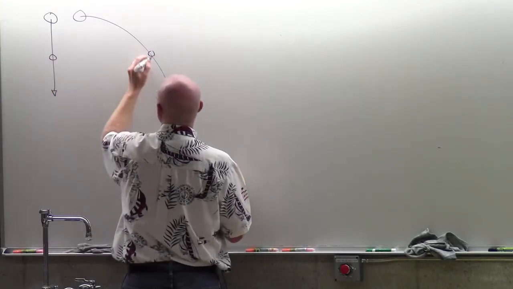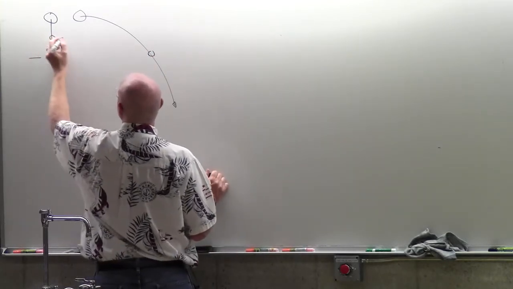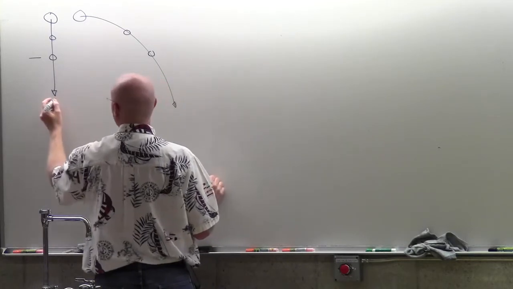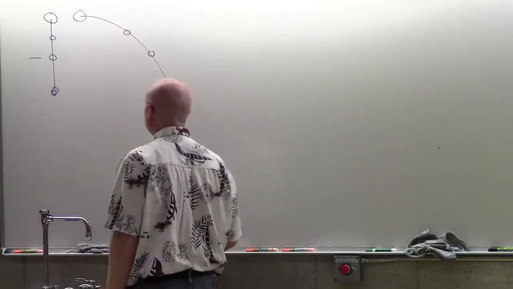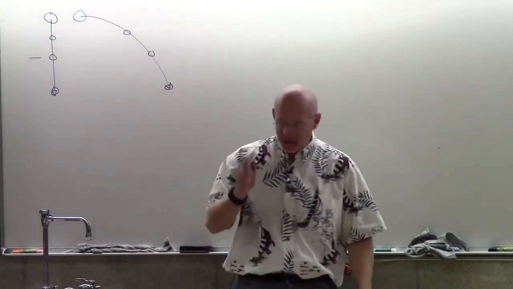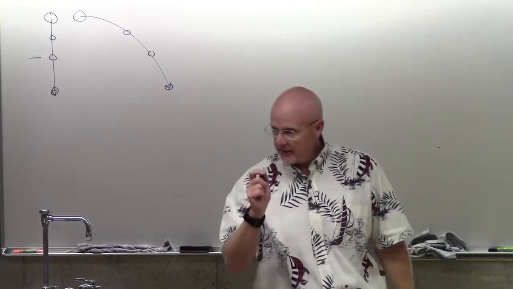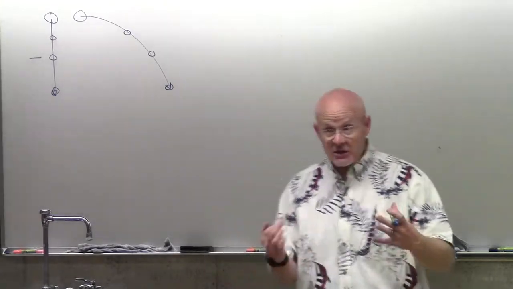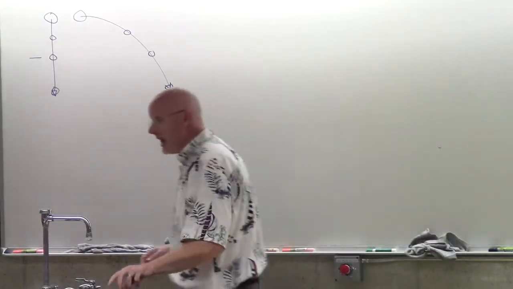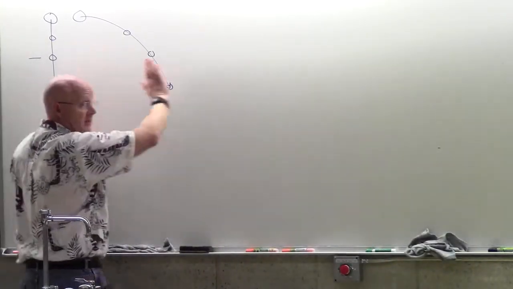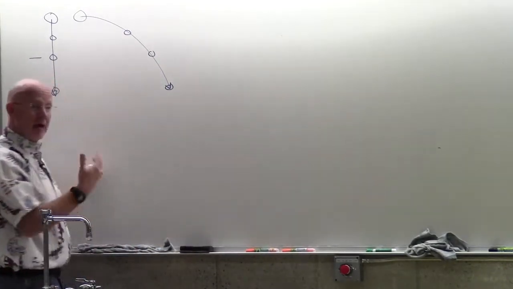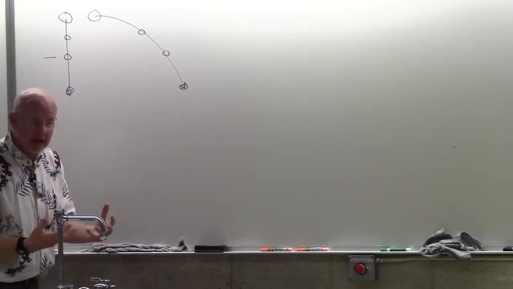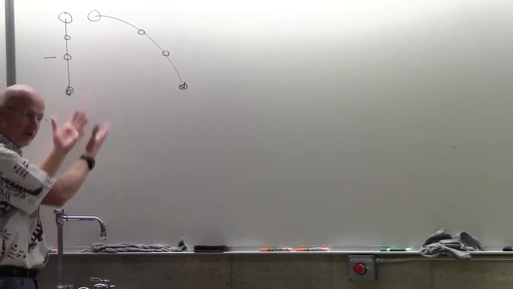But at any given moment in time, you will see that these two have fallen down exactly the same distance. And the physics I'm trying to illustrate here is that even though this ball has an x motion, a horizontal motion, how does it affect my calculations and my mathematics in the vertical direction?